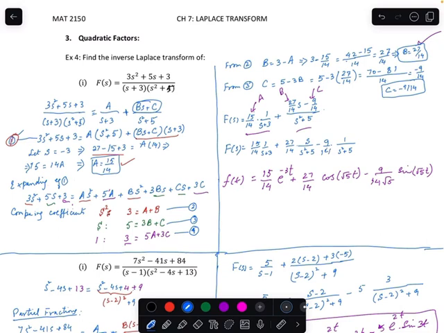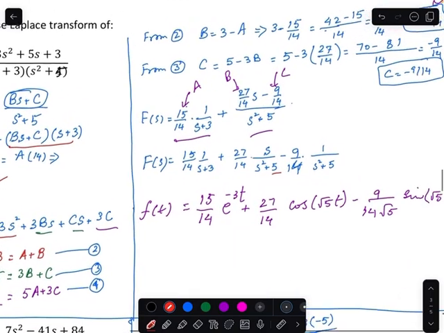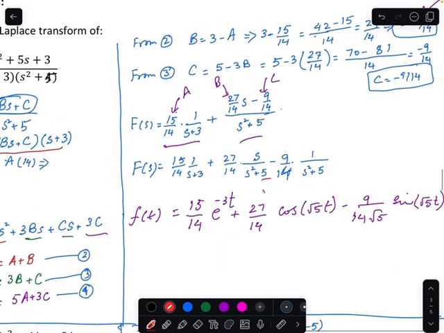And now we can write our inverse transform. So f of t is equal to 15 over 14 e to the negative 3t plus 27 over 14 cosine of square root of 5 t, because remember you have to look for what the b is here. This can be written as square root of 5 whole squared. That's why the b is square root of 5.